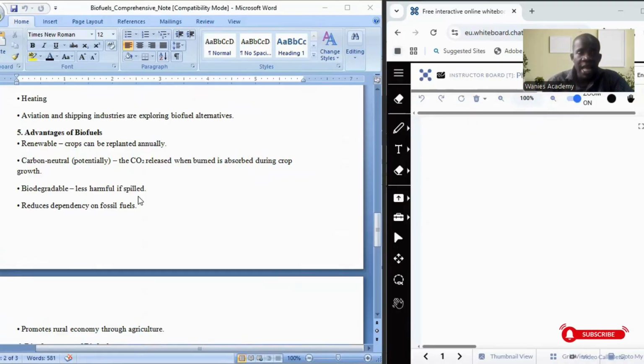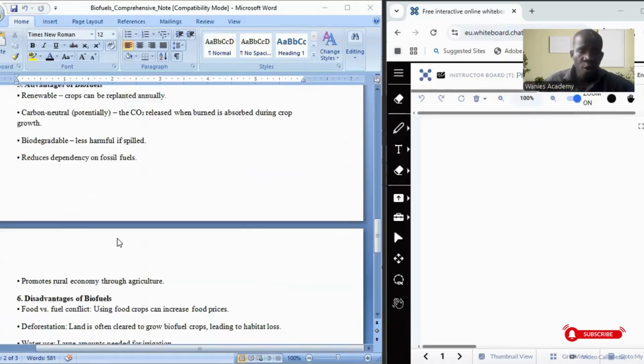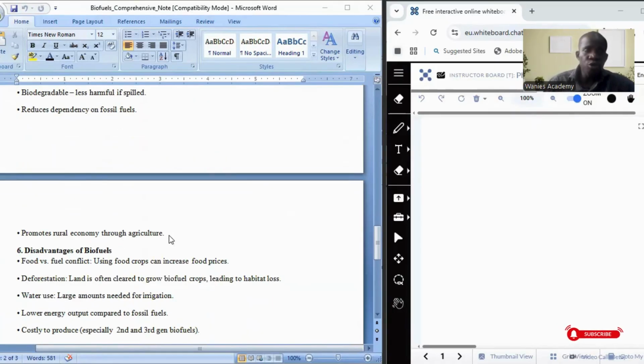Then it reduces dependency on fossil fuel, which is not environmentally friendly. It can serve as a replacement for it. Then it promotes the rural economy through agriculture. As farmers grow all of these crops, the economy is boosted as a result.